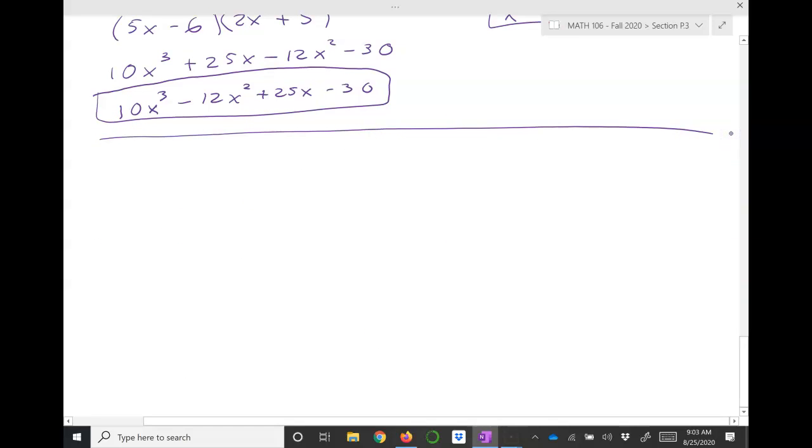So another special case or special product would be squaring a binomial sum or difference.